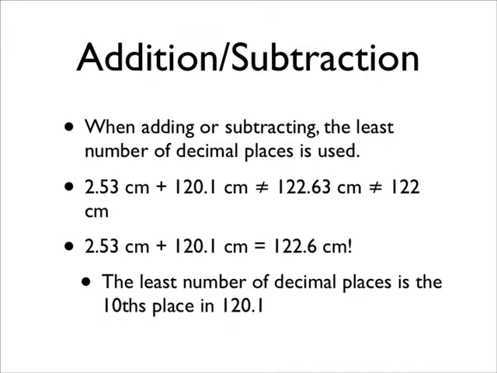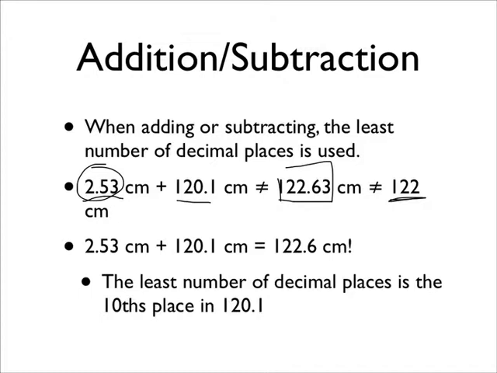So you can see here, if I have 2.53 centimeters plus 120.1 centimeters, if I just add that up, that comes out to be 122.63, but that's not following our significant figure rules. Nor do we want to cut it at 122 centimeters, 3 sig figs like our least measurement.